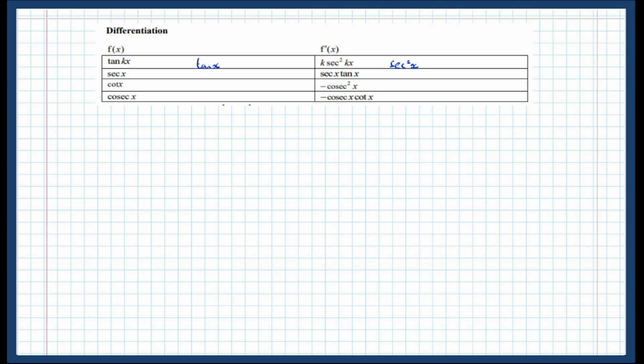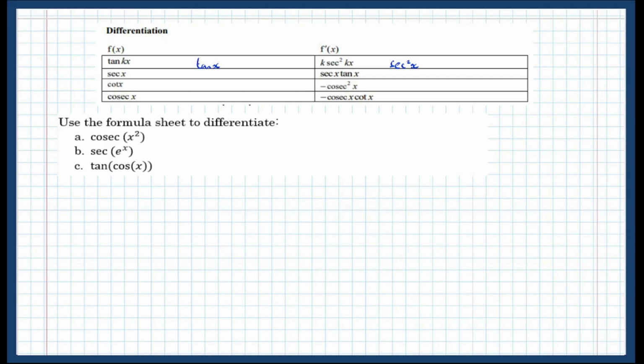So what we're going to do now is have a look at some examples of using these. And there's 3 examples to do there. So use the formula sheet to differentiate cosec of x squared. So you might want to pause and have a go at this yourself. But here goes. So it's asking us to differentiate cosec of x squared, first of all.